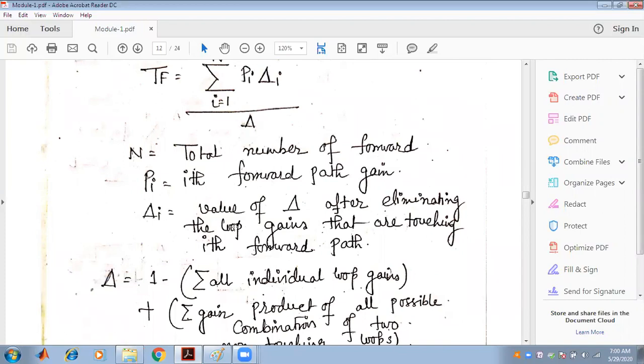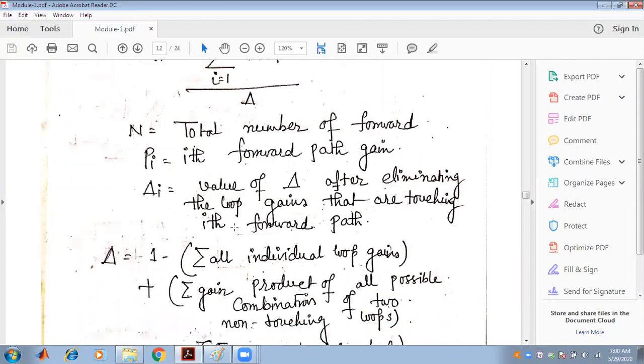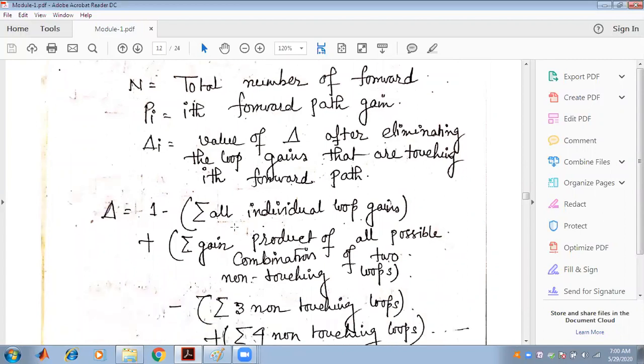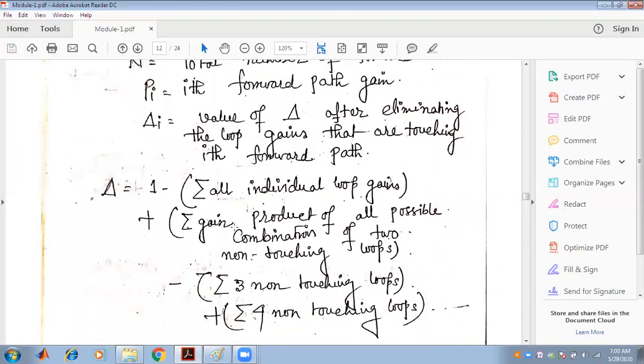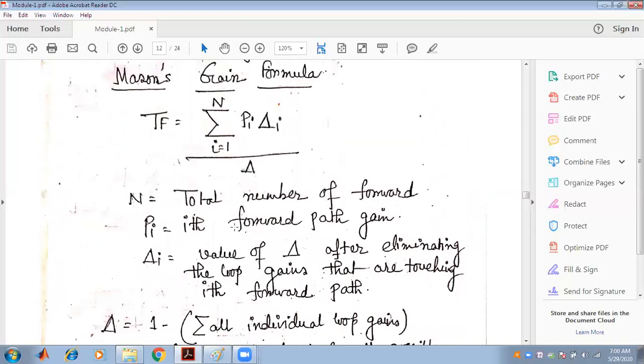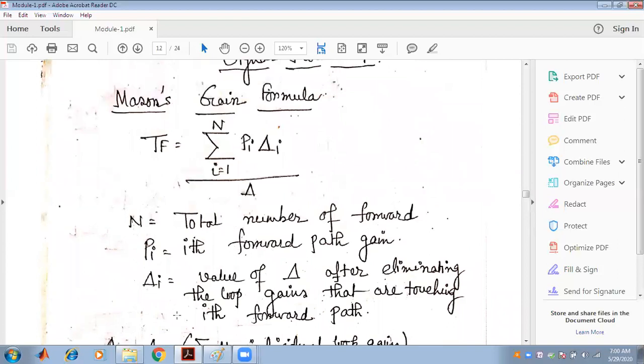And del is 1 minus the summation of all the individual loop gains, plus the summation of gain products of all possible combinations of two non-touching loops, minus the summation of all the three non-touching loops, plus the summation of four non-touching loops. This is the general equation of Mason's gain formula in order to find the transfer function.